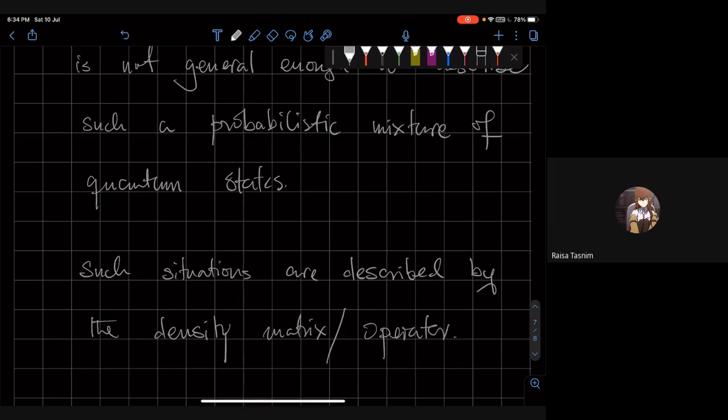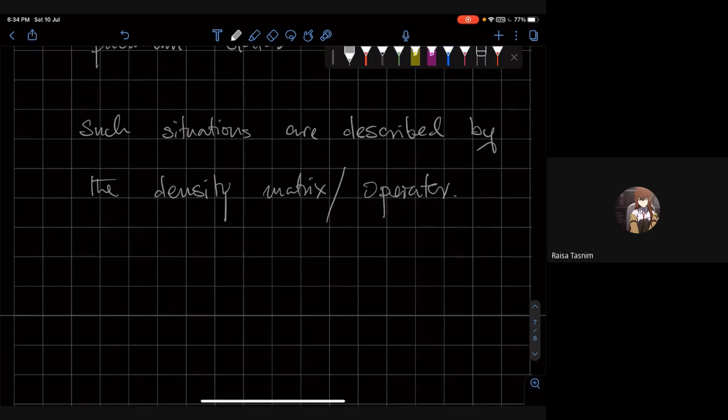It's not just Hermitian, it's positive definite, meaning that its eigenvalues are always positive. It cannot have negative eigenvalues. Okay, so let's give a definition of the density matrix.